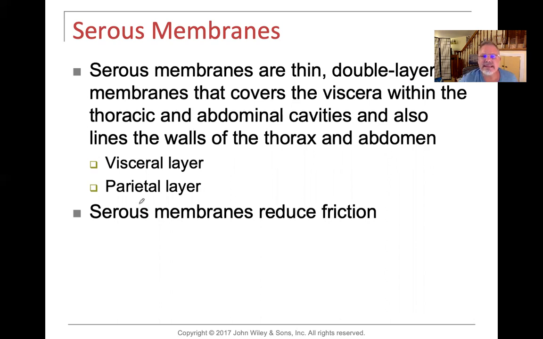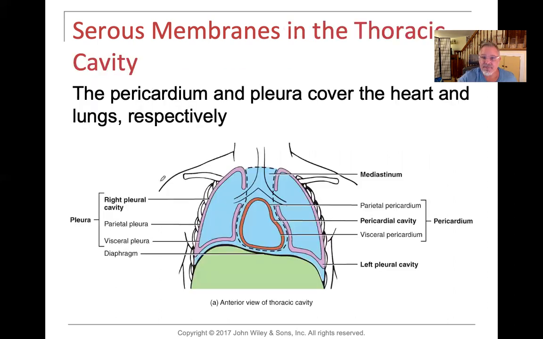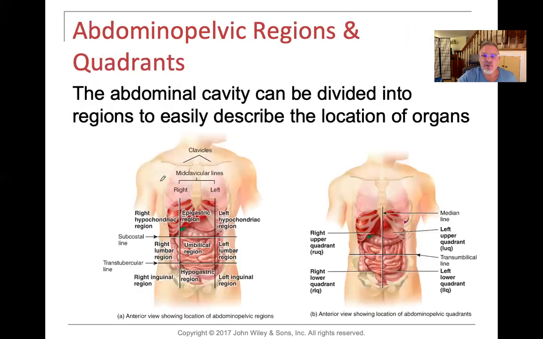The two main layers are the visceral and parietal layers. The purpose of the serous membrane is to reduce friction between organs; it creates a slippery surface. Visceral is going to be the layer closest to the viscera or the organ, and the parietal is the outer layer.